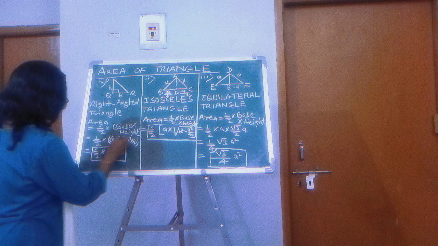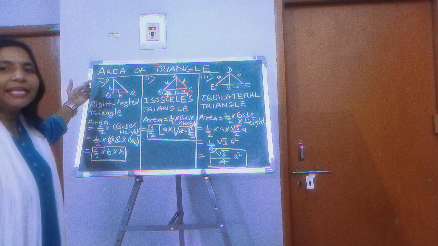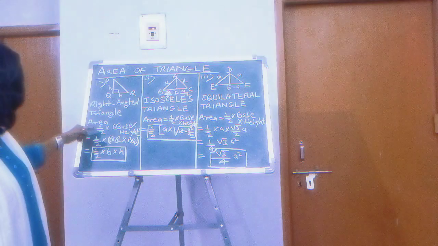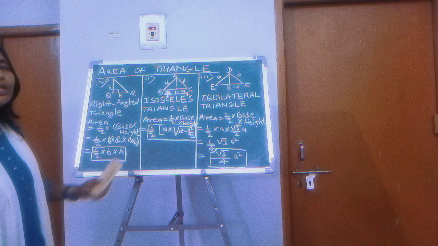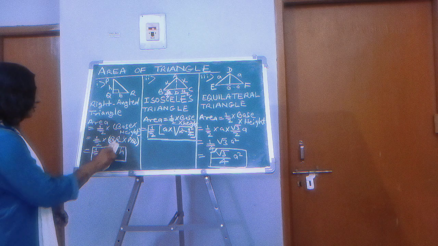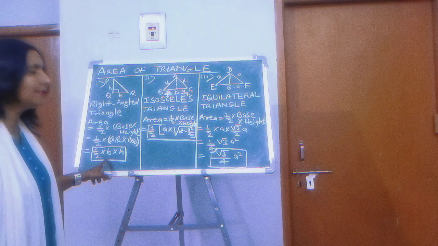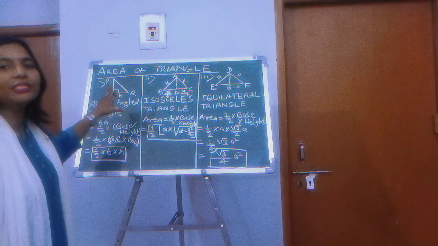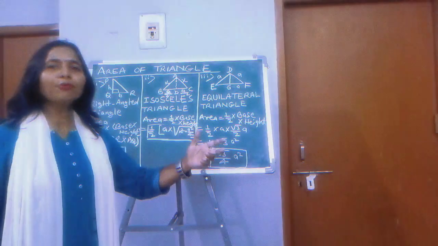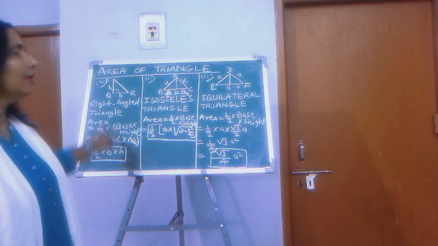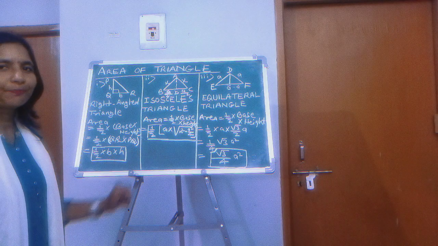So the area of this right angle triangle can be written as 1 by 2 into QR into PQ. QR is represented by a small b for base and PQ is represented by a small h for the height. So finally we got the formula to find the area of a right angle triangle: 1 by 2 into b into h, base into height.